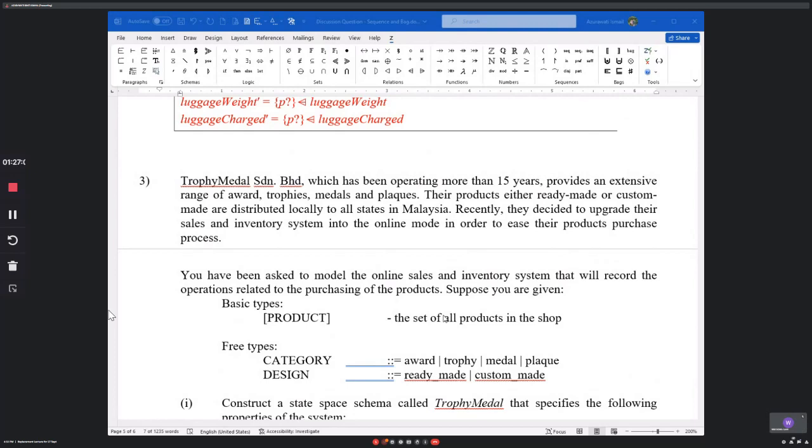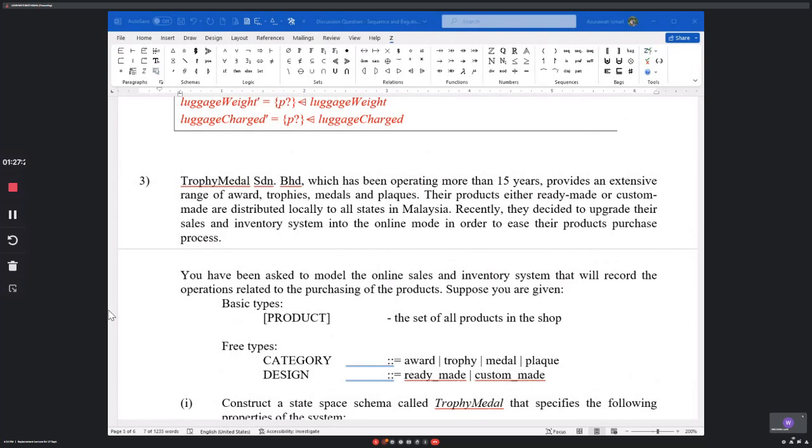Question number three will be related to question number two, the operation schema, most of the time. So the questions will be more on the error scenario.